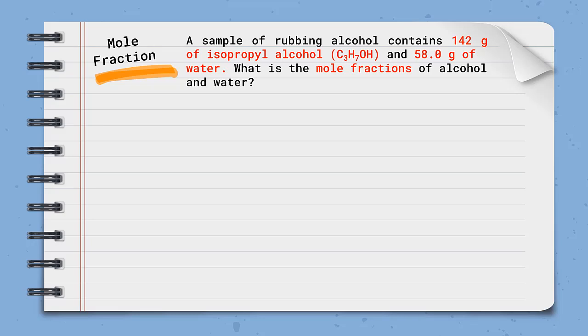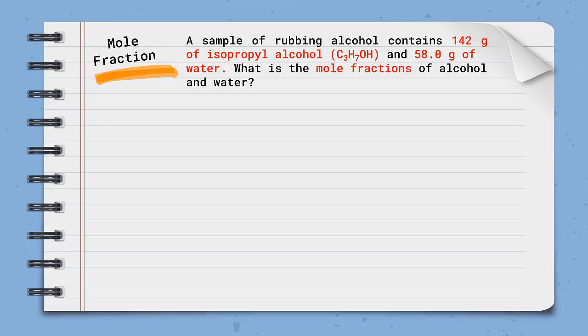So obviously "a sample of rubbing alcohol" here belongs to the solution. In your solution you're going to have solute and solvent. Usually the one with the largest mass is going to be the solute because it is very concentrated, and the water will be the solvent as it is the universal solvent.